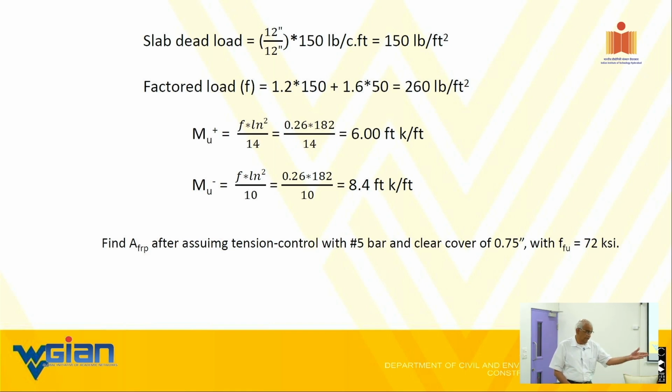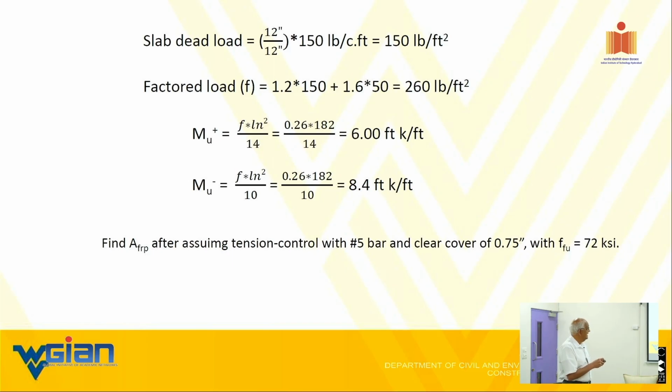The code I gave you, American 440.11, defines those numbers. Now, I'm trying to address Dr. Chan's question here. Please look at this. 1.2 times the dead load, 1.6 times the live load, and that is the live load moment.